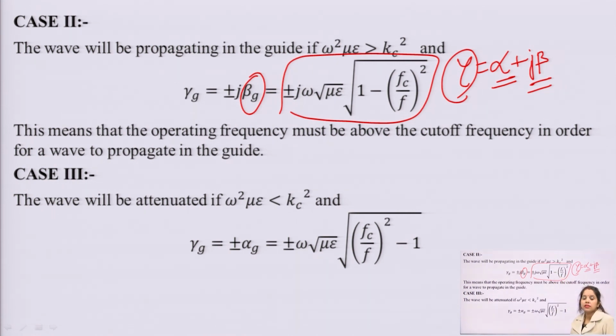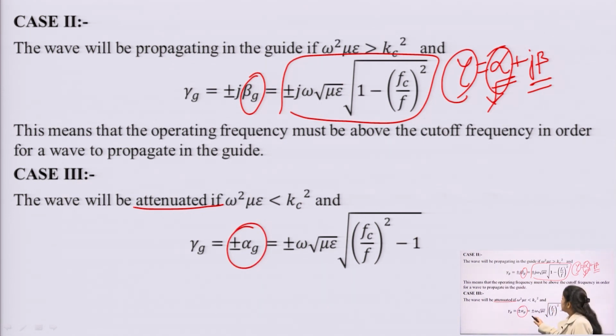And the third case is when the wave will be attenuated. So, what will be the condition? Just the reverse of the condition. When the wave is attenuated, omega squared mu epsilon should be less than kc squared, and in this case the attenuation plays an important role. That is why gamma_g is equal to plus or minus alpha_g, which is our attenuation constant, and it is a real part.